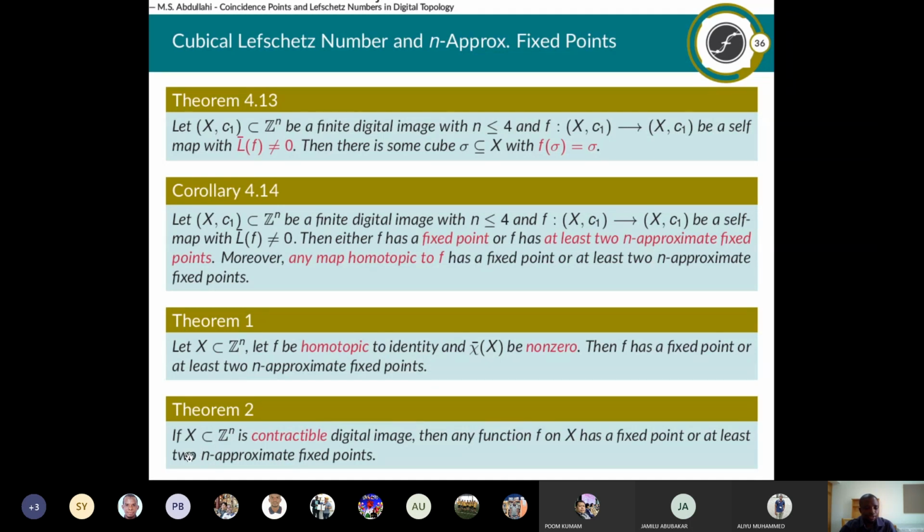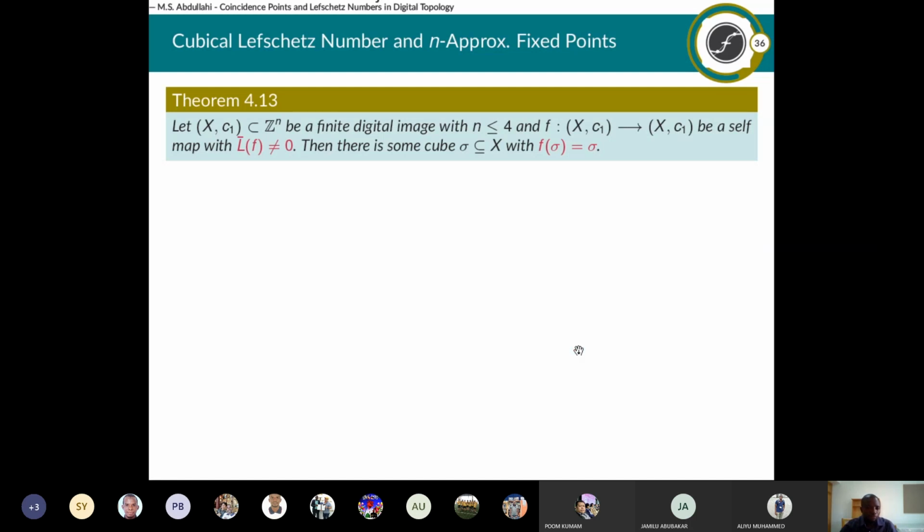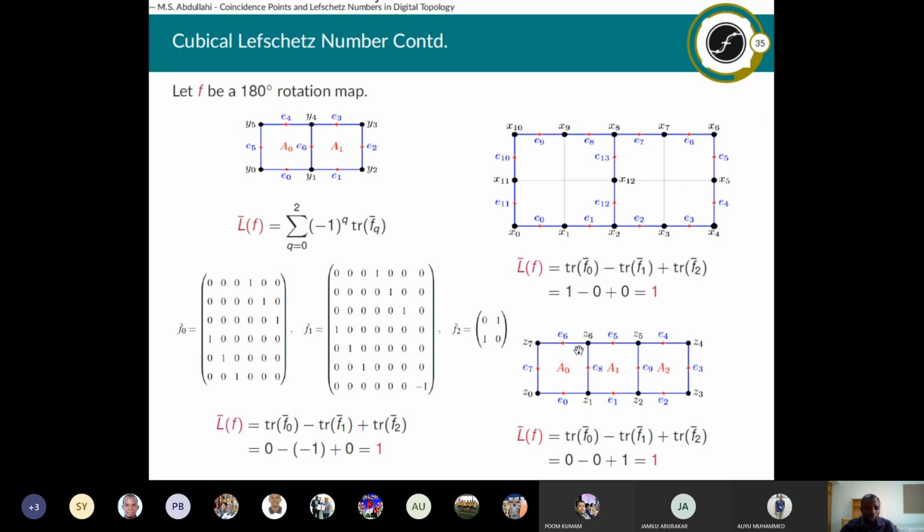Also, if the image is contractible, that means I can contract it to a single point using a homotopy, then I will either have a fixed point or at least an approximate fixed point. So before I move on, here we know that we have this to be non-zero. In the other case it is 0, so we cannot conclude whether it is a fixed point or an approximate fixed point.